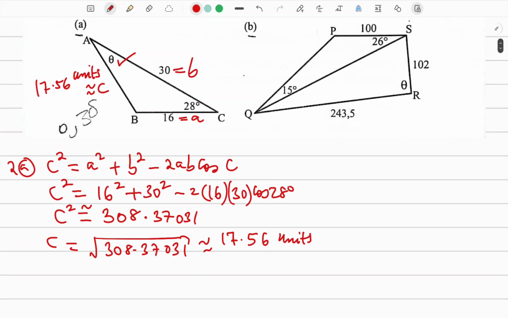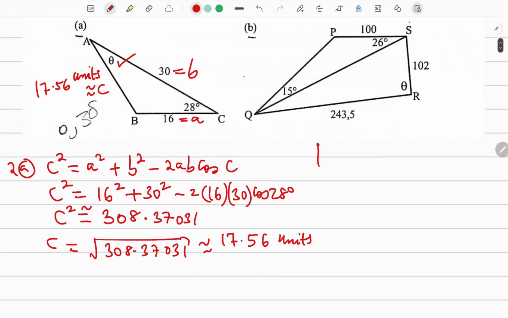So to find the value of theta, we proceed as follows. We're still looking at 2A.